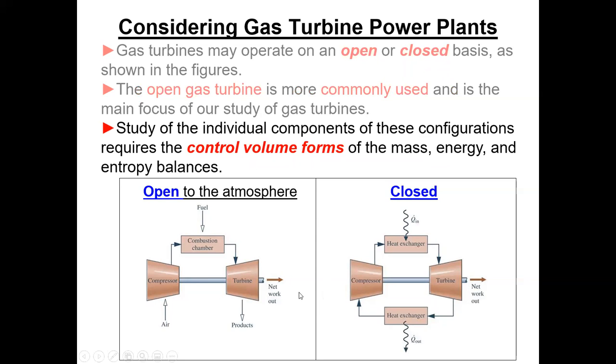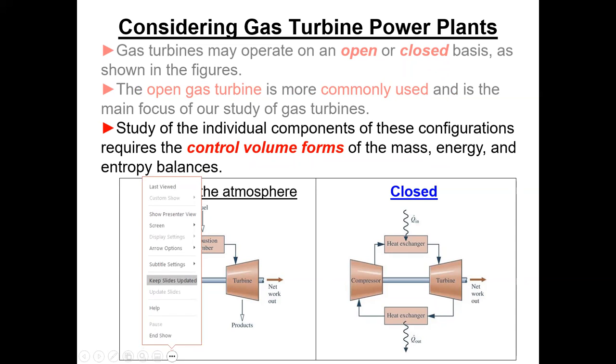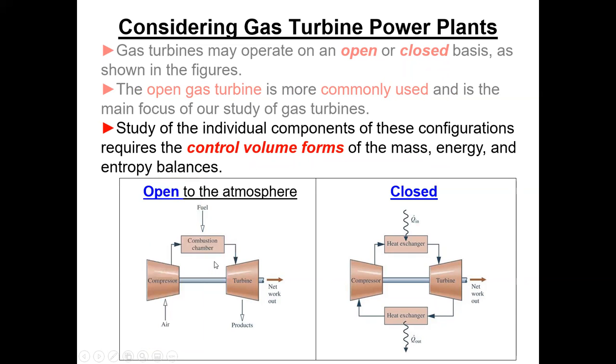What happens over here on the open side is we pull in air, we compress it, and we put it into a combustion chamber with fuel, natural gas, and we burn it. So coming out, we have not only high pressure but also high temperature, maximum energy to put into the turbine. The hotter and the higher the pressure, the more potential we've got to generate power and the more net work.